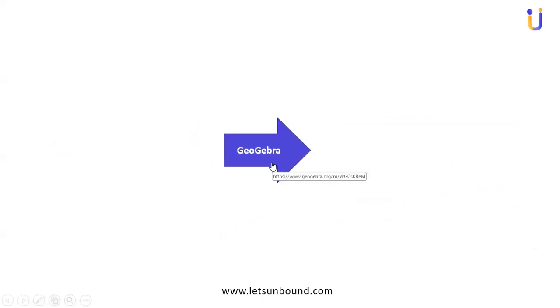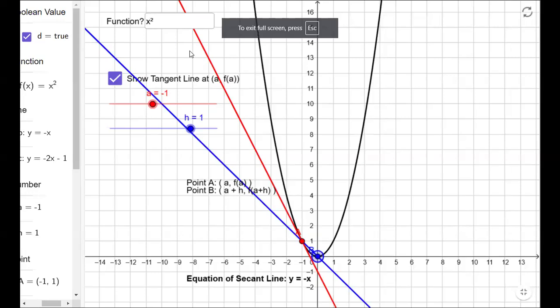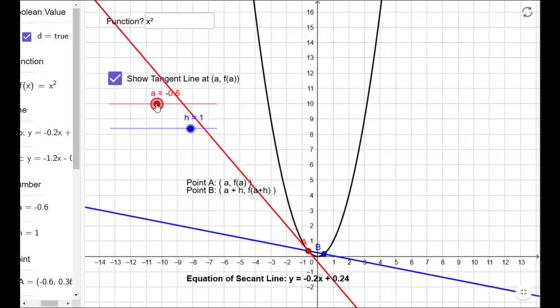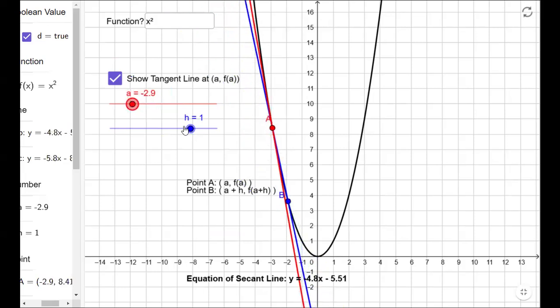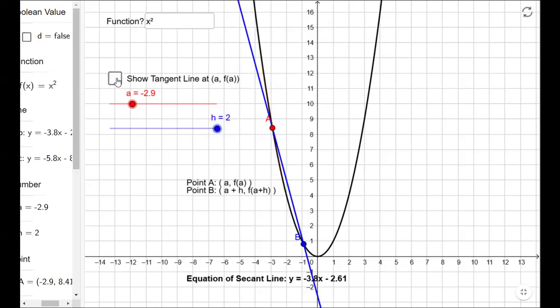Let me explain this with the help of a platform over here, and here we go. There is a function given, f of x is x square. Now we have 2 points, so a is like this, and your h, if you make it 2, let me remove this.